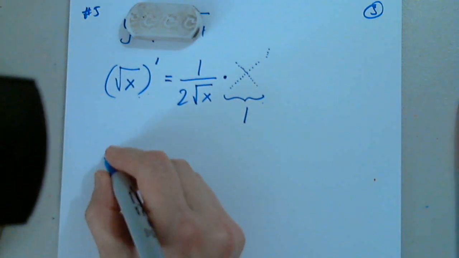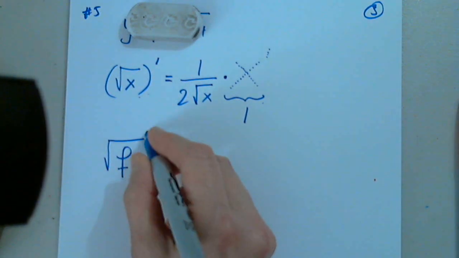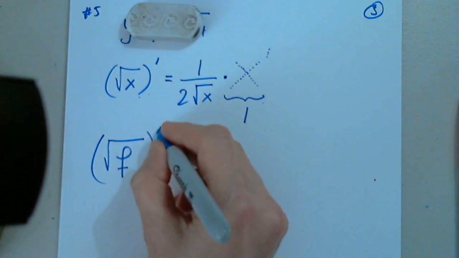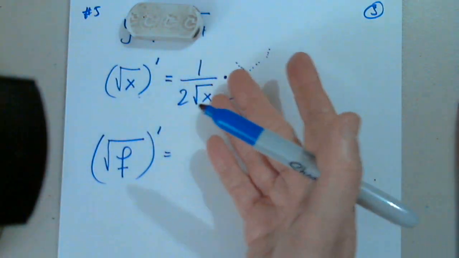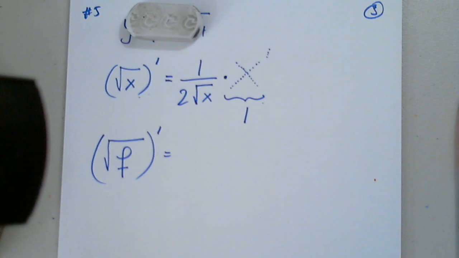Can anyone give us the formula for the square root of a function prime? You only have to watch this and mimic the pattern.